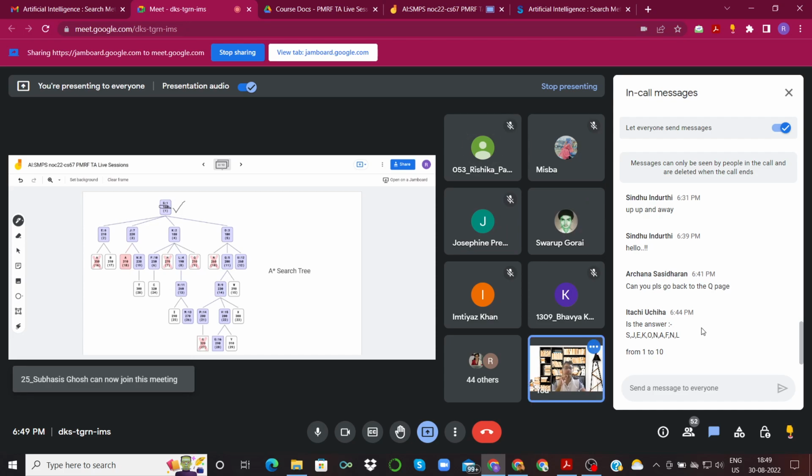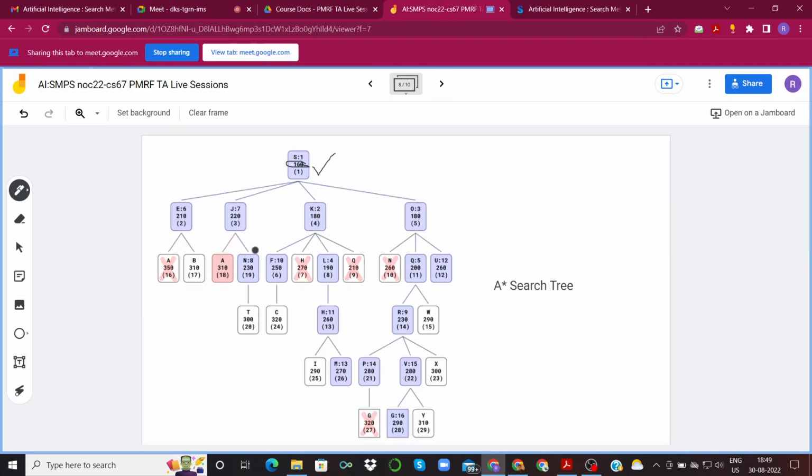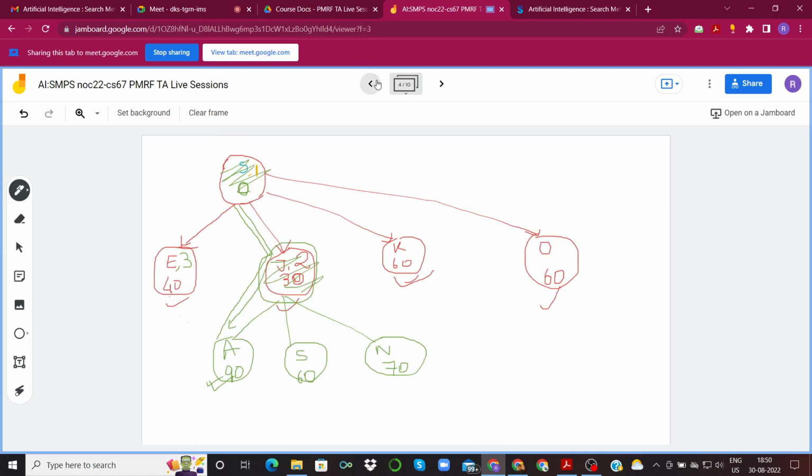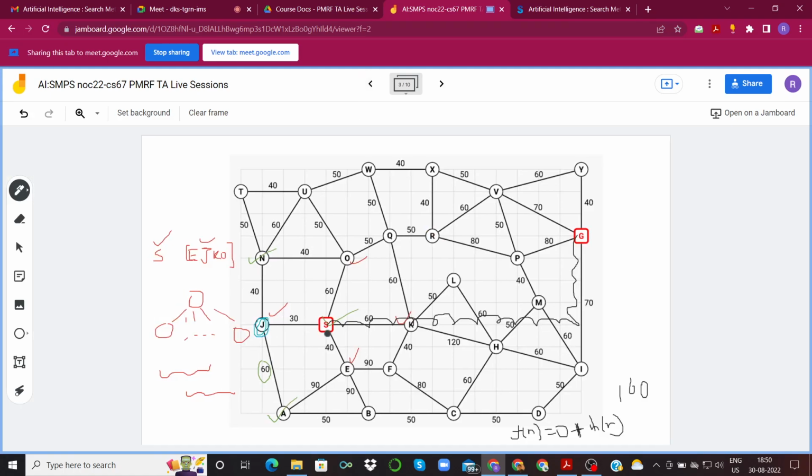So the rest of the method works in a similar fashion. We'll see what are the children of S. Here we have E, J, K and O again, but each of these has a different cost now. Remember previously the cost for E was only 40, according to the map, plus the Manhattan distance from S. Exactly.